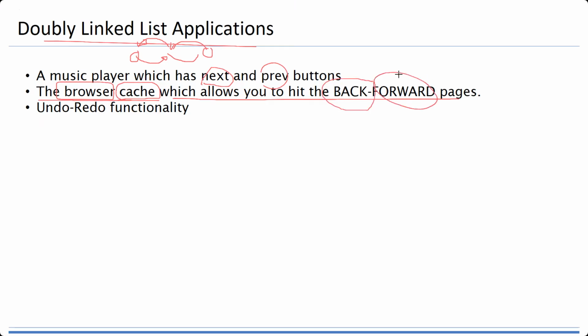This kind of implementation uses the doubly linked list. The undo and redo functionality, when you are using Hangul or Microsoft Word, also uses the doubly linked list for efficiency.